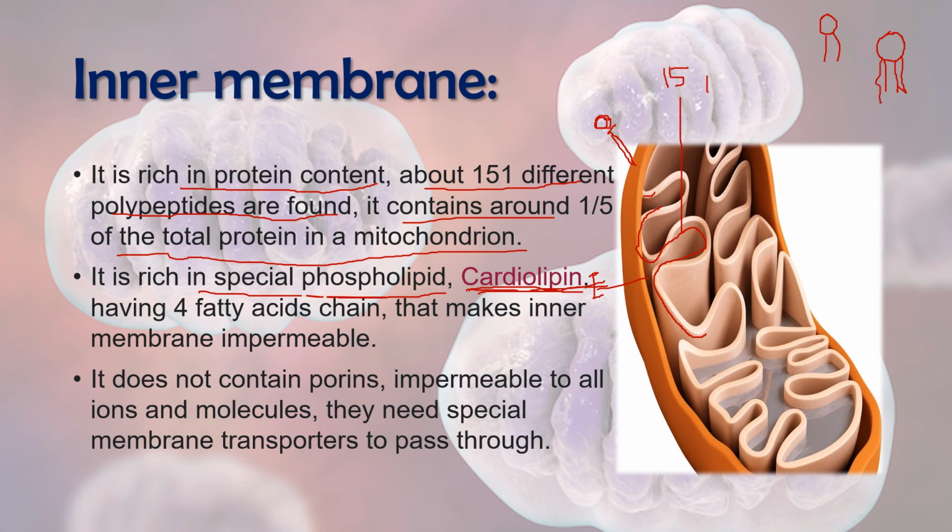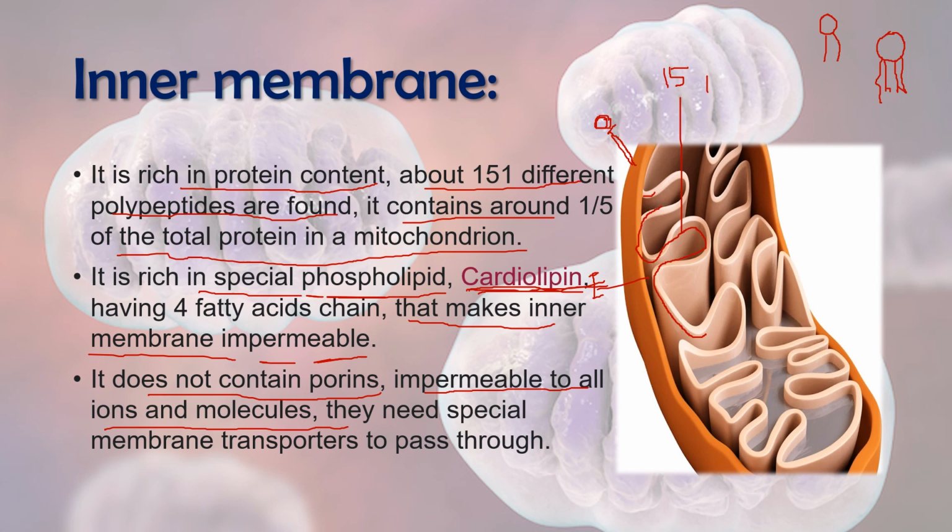The cardiolipin having 4 fatty acid chains makes the inner membrane impermeable. Because of these long fatty acid chains, it makes the inner membrane impermeable to anything, be it ions or molecules. So it does not contain porins, and is thereby impermeable to all ions and molecules.